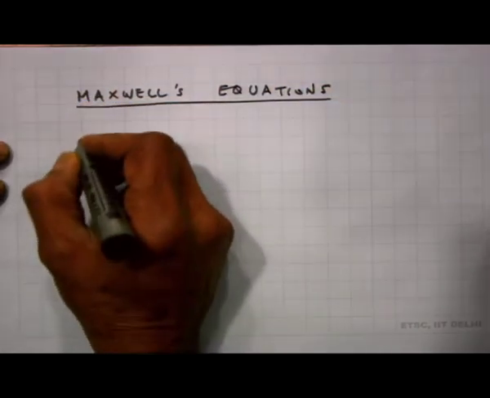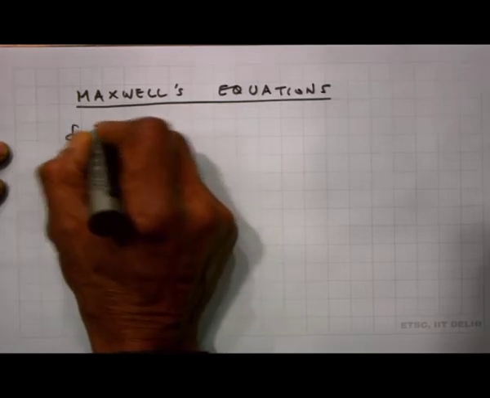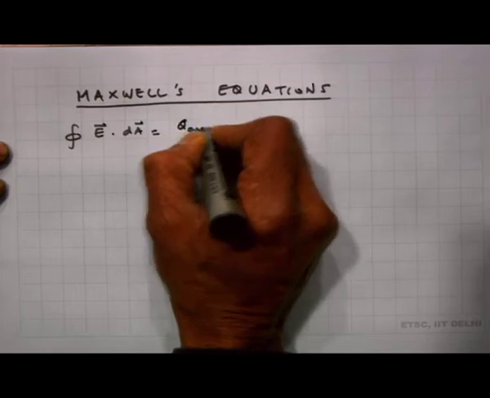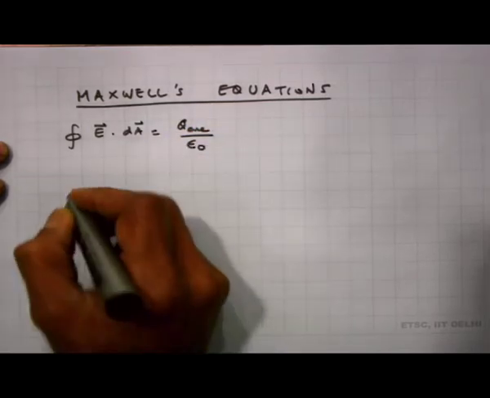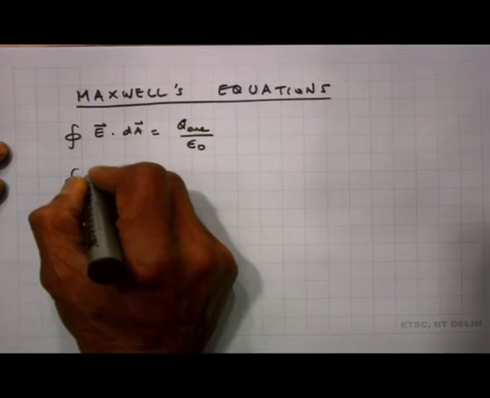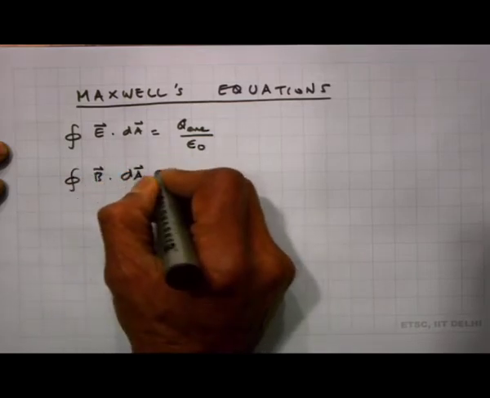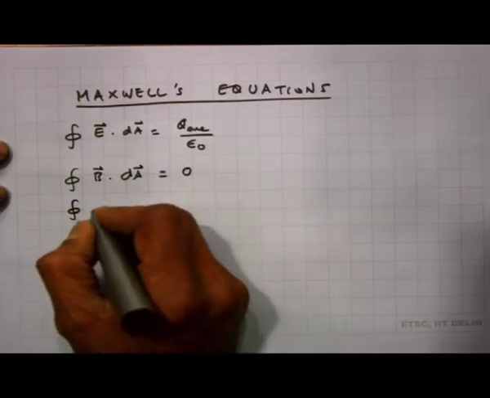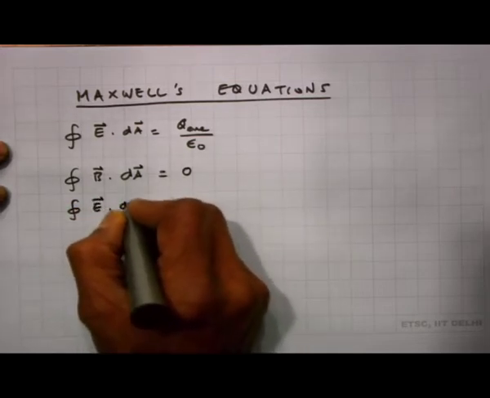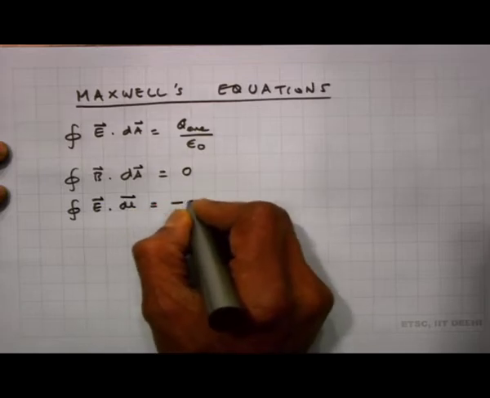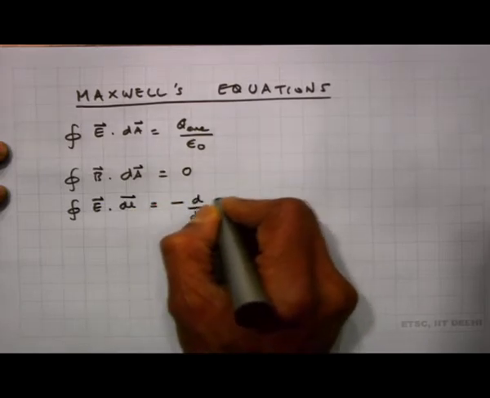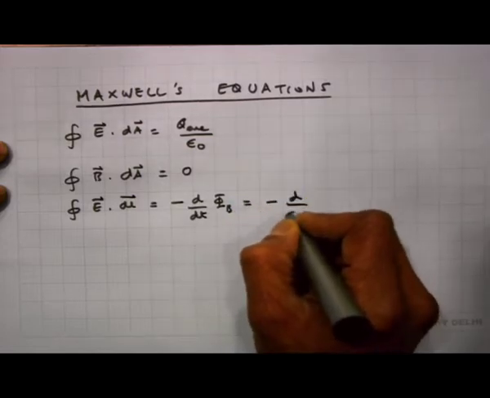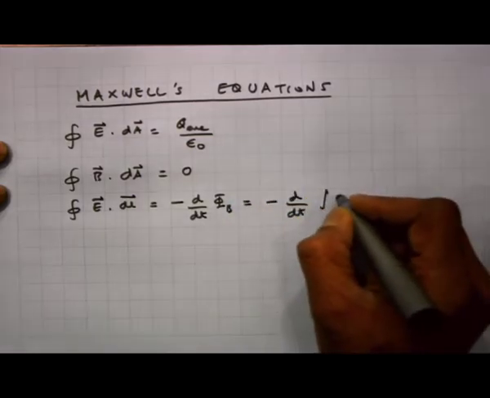The first of these equations is integral E dot dA equal to the charge enclosed divided by epsilon 0. Integral B dot dA is equal to 0. Integral E dot dL is equal to minus d by dt of phi B, which is equal to minus d by dt of integral B dot dA.